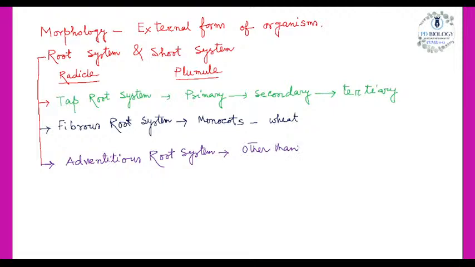Remember this one. Other than radicle. That is grass. In banyan tree, the prop root. These are the example of adventitious root system.